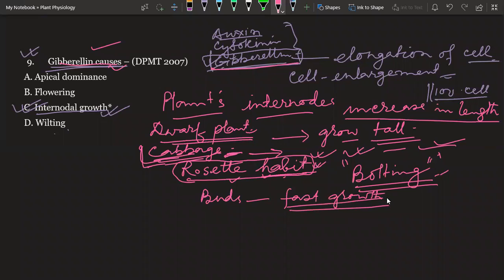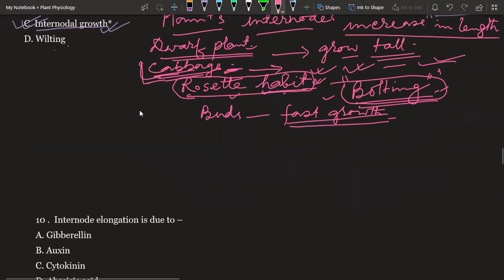Usually we can see that after the winter, some plants start growing very fast, and then they bear flowers. So this is called bolting, and bolting is caused by the growth hormone gibberellin. There are many gibberellins. This is actually gibberellic acid.